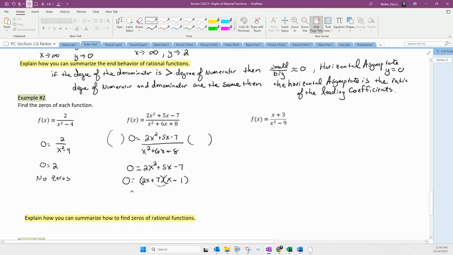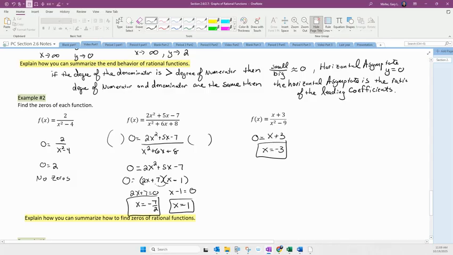So my zeros are at x equals negative 7 halves, x equals 1. And then over here, we might just say that the zeros are, right? So when is it 0? At x plus 3. And so x equals negative 3 is our 0.